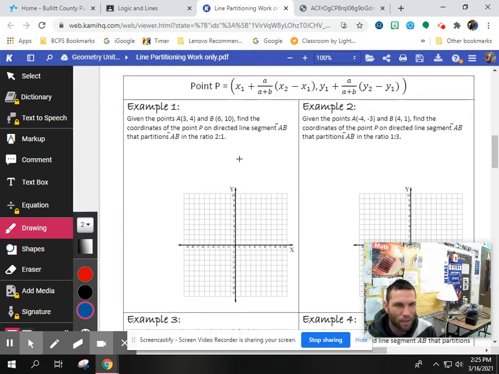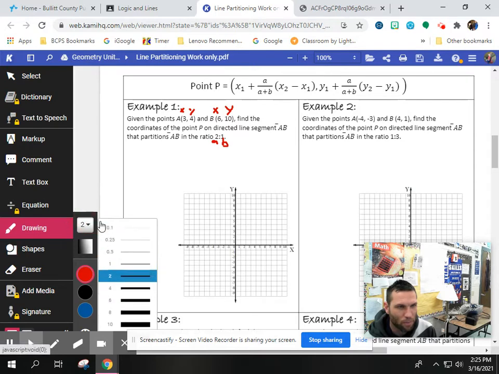It's not too bad if you break it up. This is going to be A right here, and this is going to be B, and this is going to be our x1, y1, x2, and y2, and we're just going to plug in.